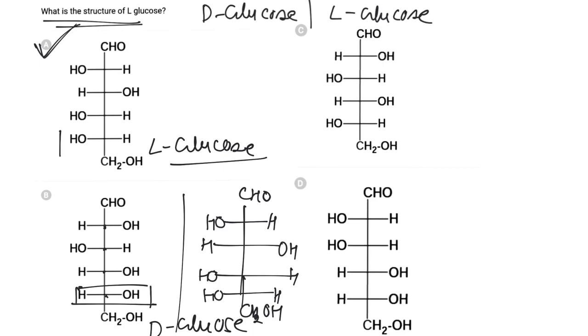So this molecule is the enantiomer of D-glucose, as at the last chiral carbon OH is situated on the left side, and hence the correct answer is A.